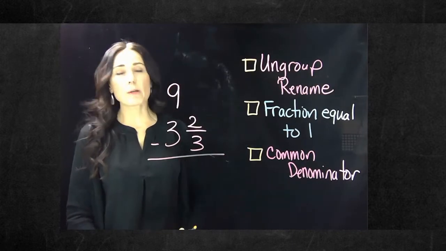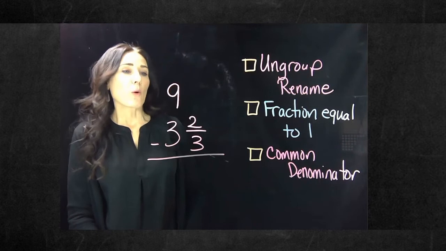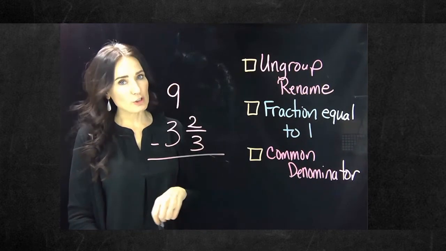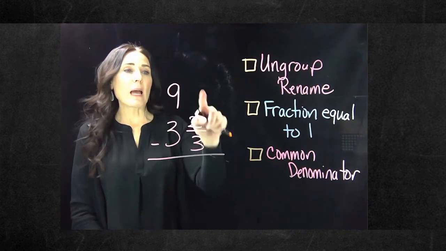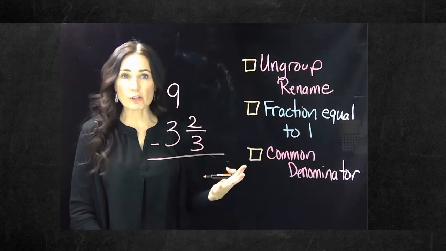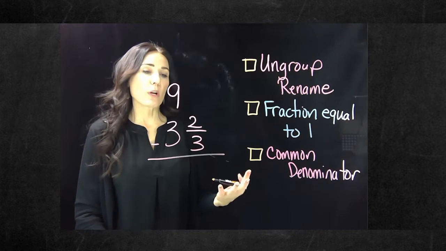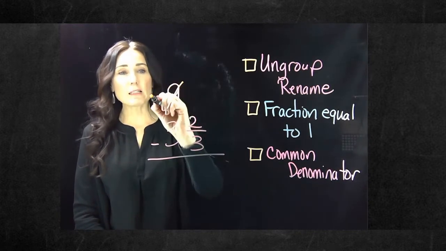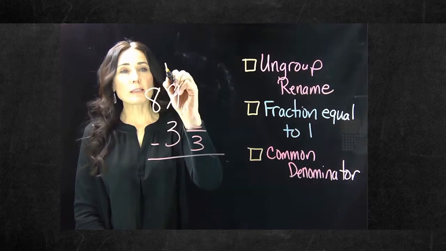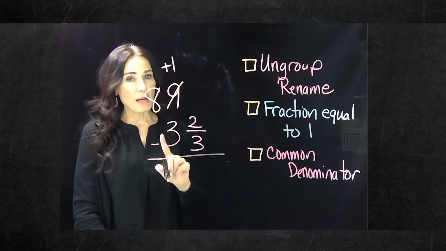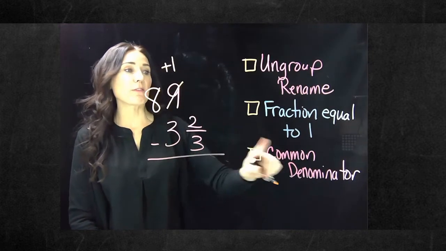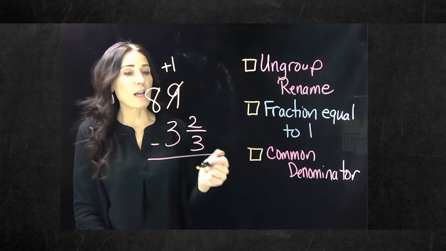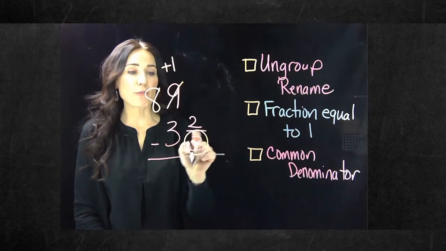So we've talked a little bit about ungrouping and renaming. We know that we can't subtract 2/3 from nothing, just like we saw in the original subtraction problem. So we have to put a fraction here in order to solve this. So we're going to ungroup. We're going to make this an 8 plus 1. But we need to change the 1 into a fraction that's equal to 1. Now, I don't want to just use any fraction, because I have a denominator of 3.